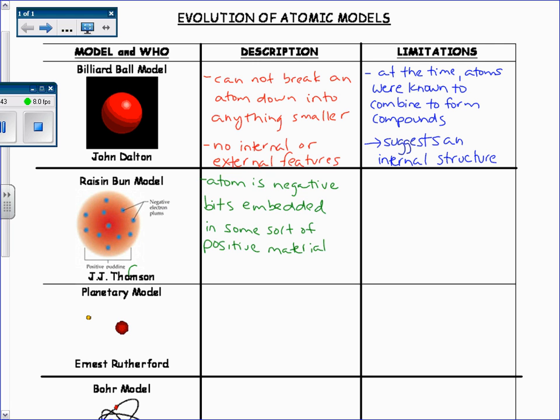And so just remember, J.J. Thomson discovered the electron, which we'll talk about a little in a few minutes. We didn't really talk about any major limitation to the Raisin-Bun model, but I'm going to put in here it was contradicted by Rutherford's gold foil experiment.